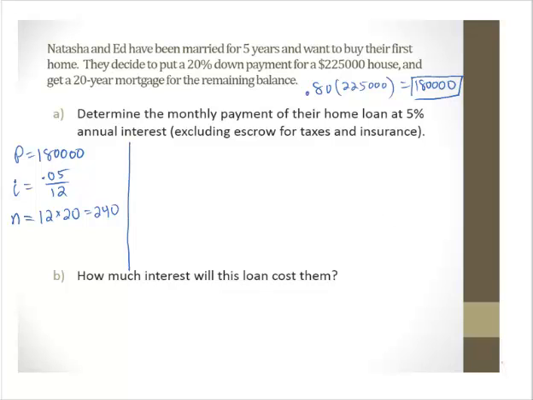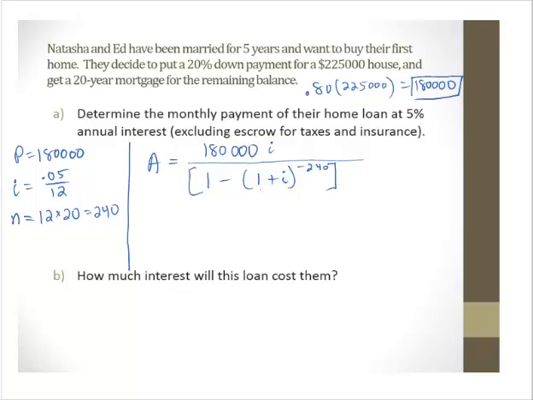So then the monthly payment A is equal to 180,000 times I over 1 minus 1 plus I to the negative 240.